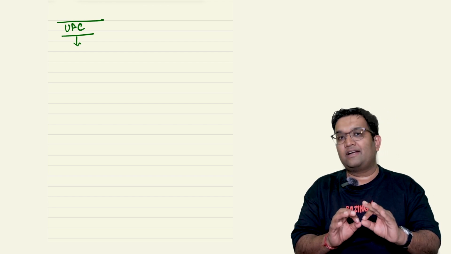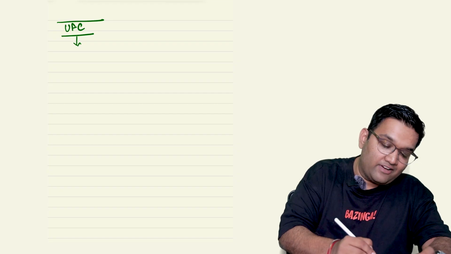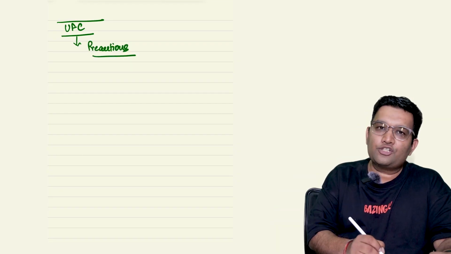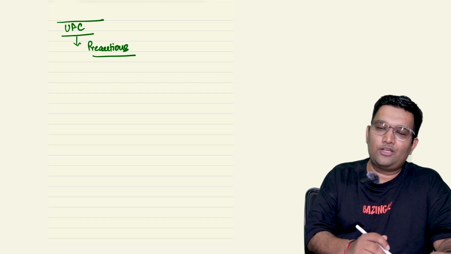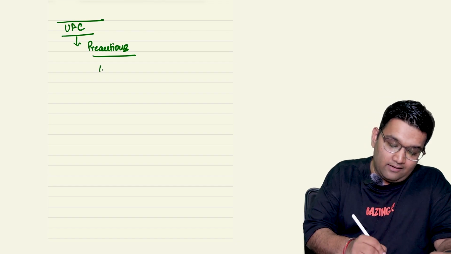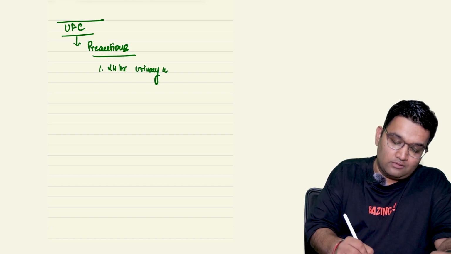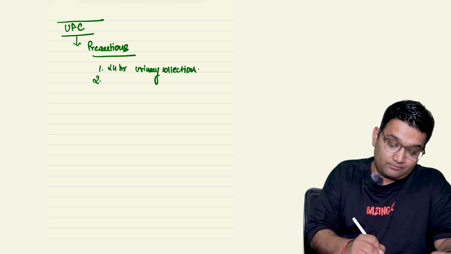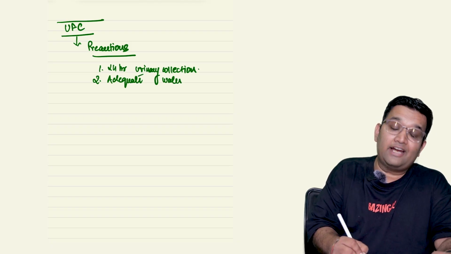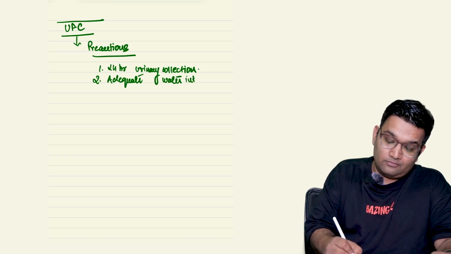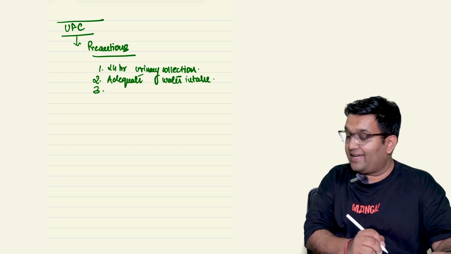So what are the things that we need to assess when we go for our urinary free cortisol? Number one, what precautions do we need to take? First, there should be a 24-hour urinary collection. That is the first prerequisite. There should be adequate water intake, so overhydration should be avoided. We have to avoid excessive water intake.